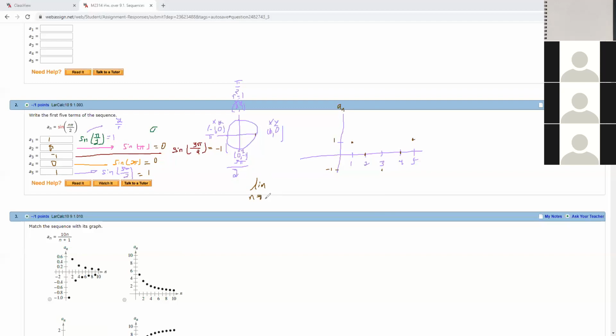As n approaches infinity of this, we can also write just a sub n, which is the same thing as saying the limit as n approaches infinity of the sine of n pi over 2. This is just shorter to write.